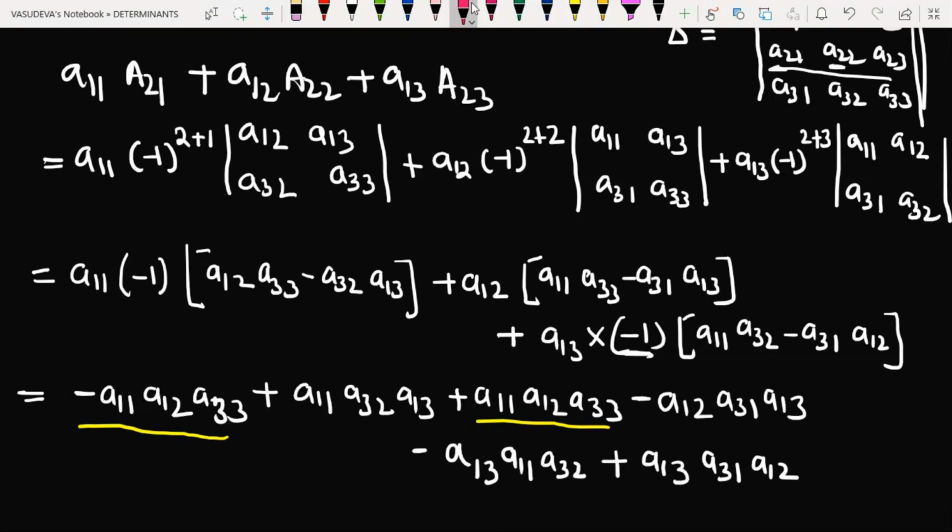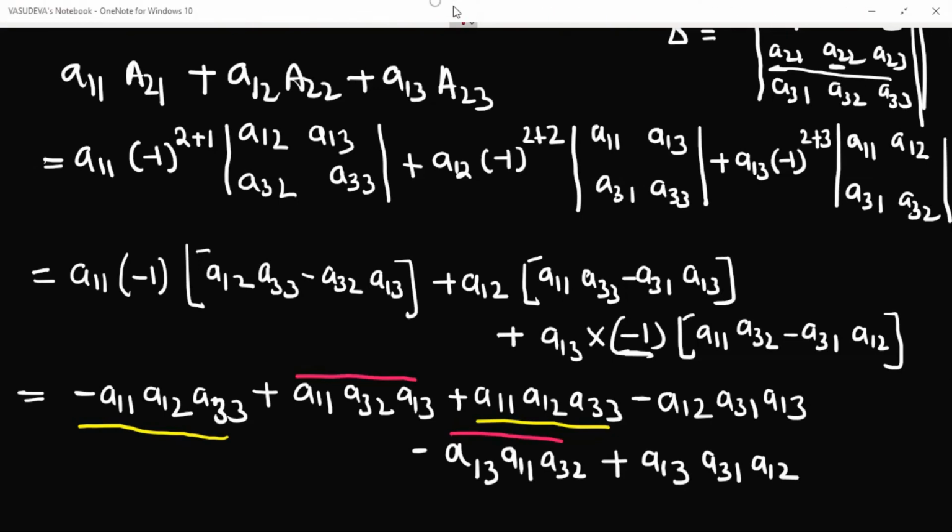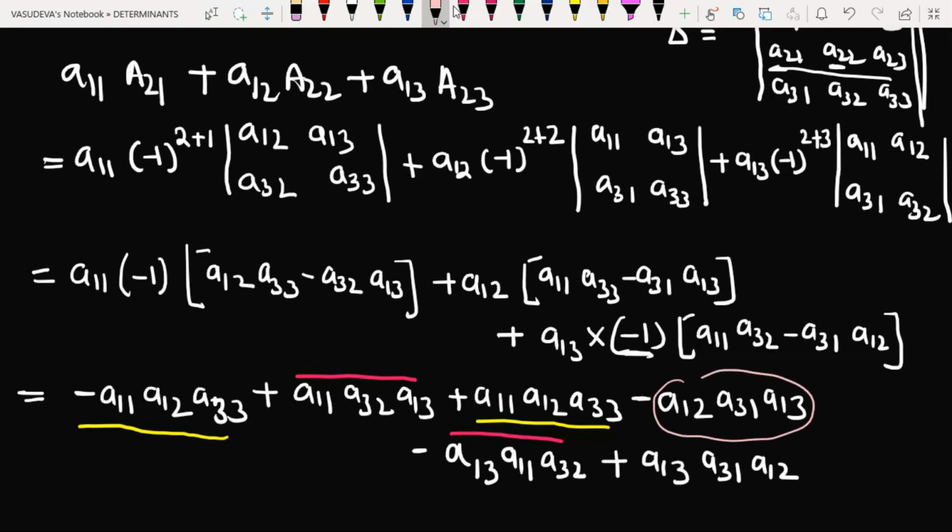Now A11, A32, A13 cancels with A11, A32, A13; the terms are interchanged but they are the same, so they cancel. Now A12, A31, A13 also gets cancelled.